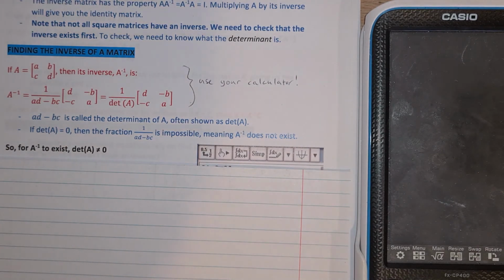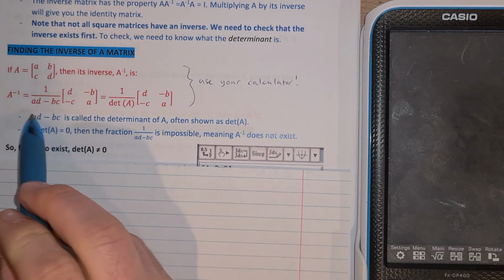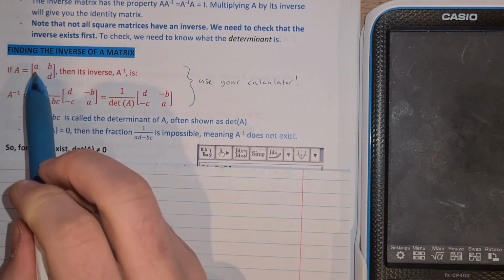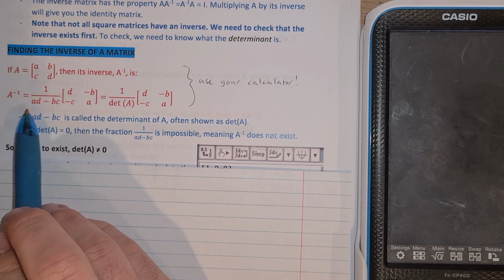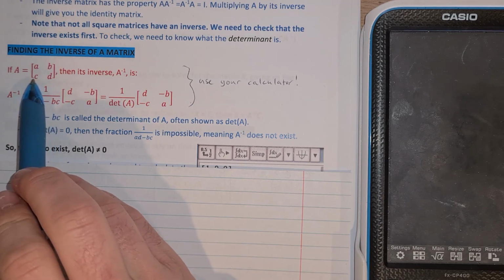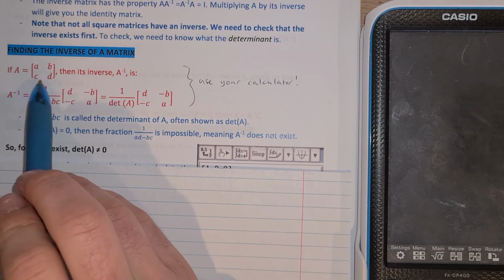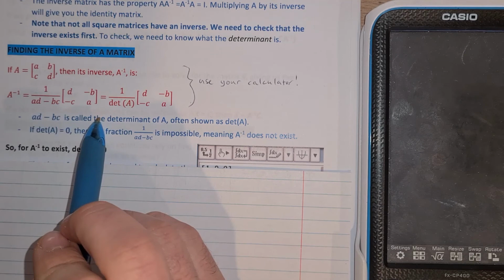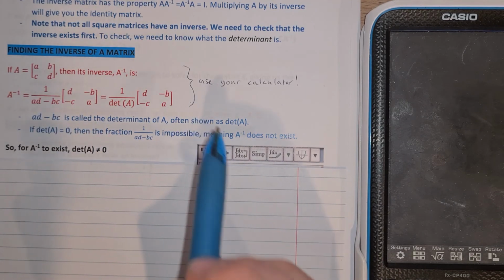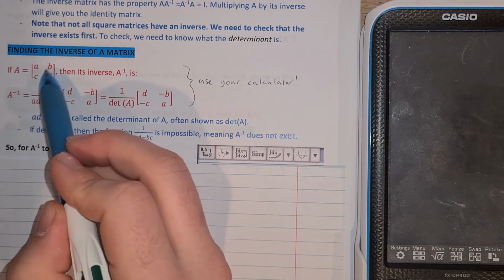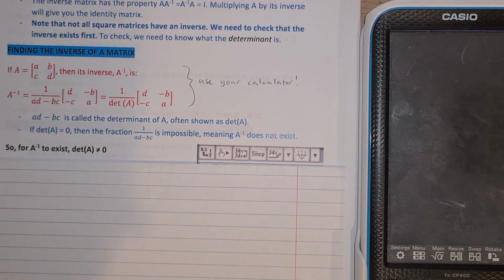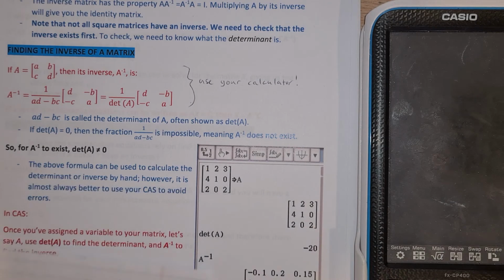The only instance where knowing this can be handy is that if you've got a 2 by 2 matrix, you might be able to find the determinant a lot quicker than having to type in your matrix, assign a variable to it, and then figure out what the determinant is in the calculator. Simply doing AD minus BC can be a lot quicker than that. But for all other purposes, use the calculator.